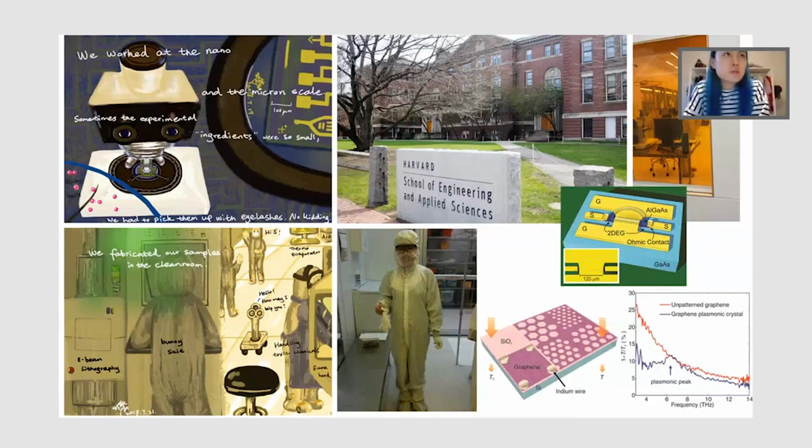Then I went to Harvard for my PhD, working on plasmonic circuits. I went to the clean room and fabricated chip structures, designed them from scratch, produced them, and did experiments on them.